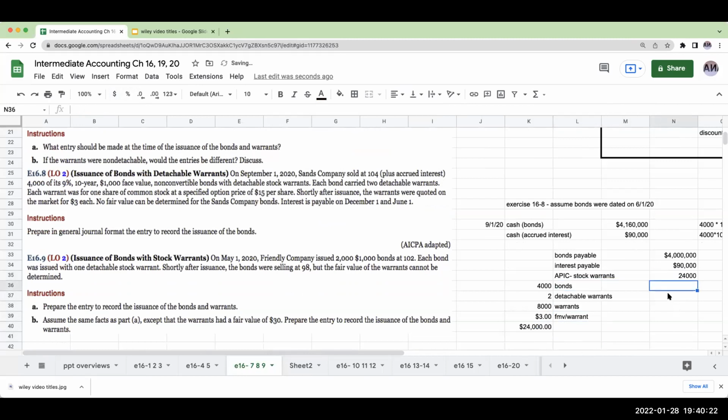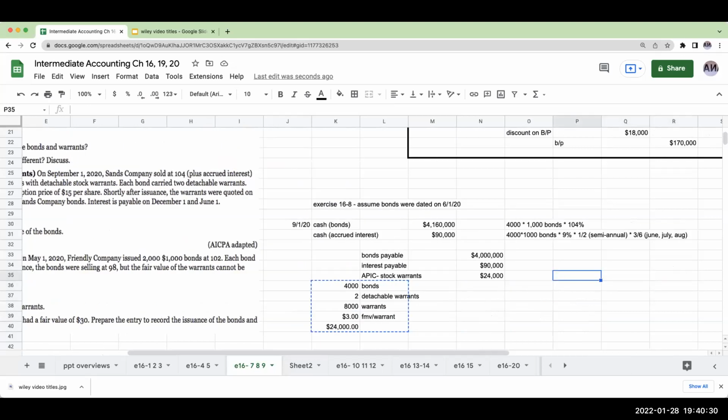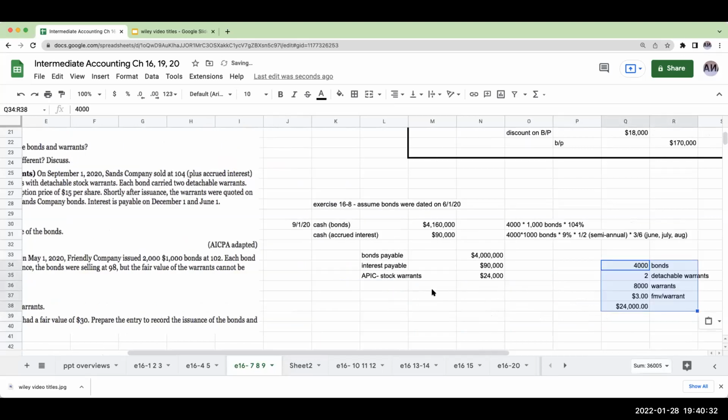Okay, so what I'm now going to do is play the balancing game, to determine if this bond was issued at a premium or at a discount. Over here, I've got total debits of 4,250,000. I have total credits of 4,114,000. This means I'm going to need a credit to balance this particular entry. The amount of the credit that I'm going to need is 136,000.